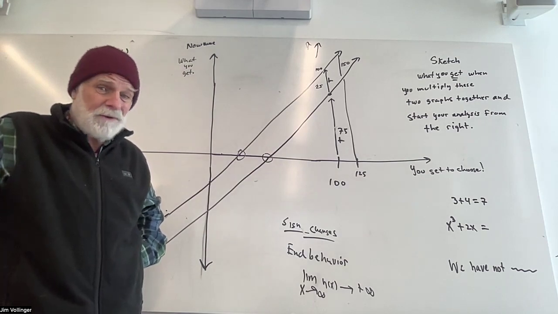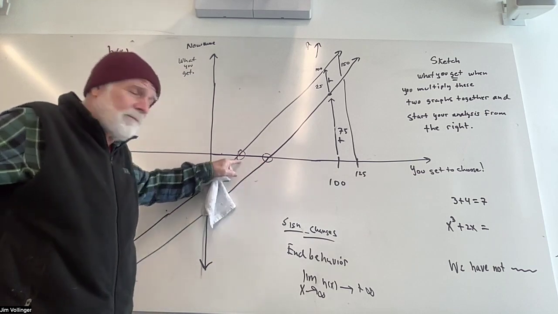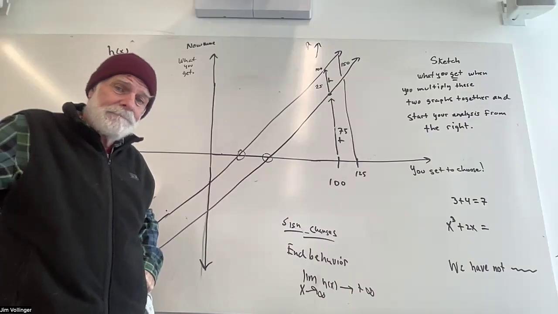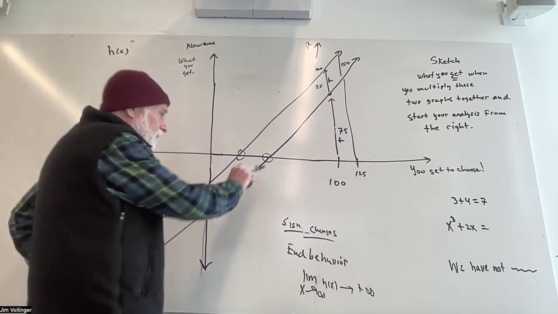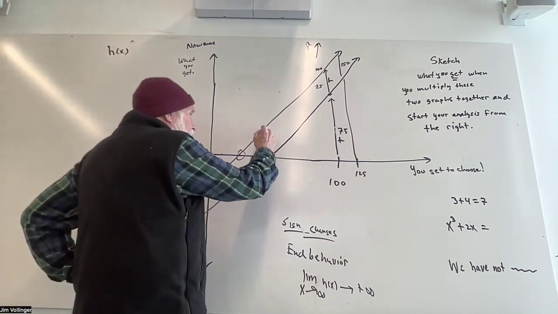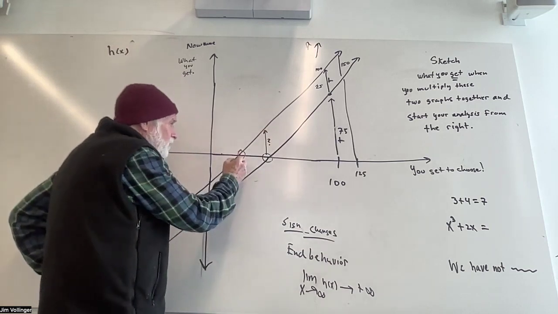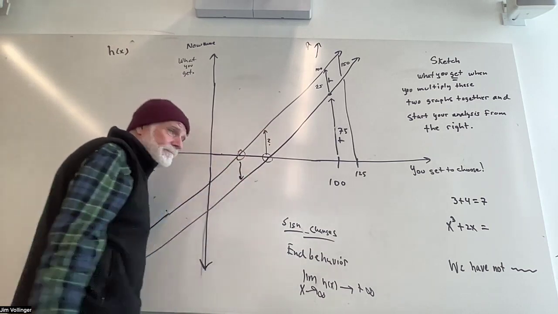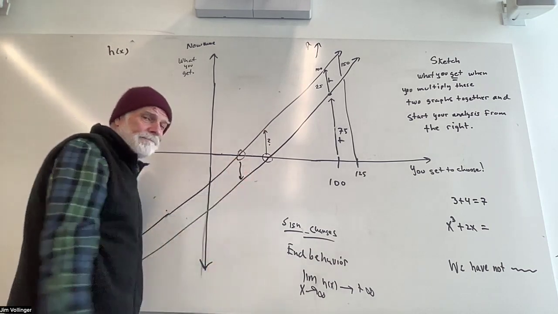I know what you're going to get when you put it in, right? When you put that number into the function and that number into that function, I know what you're going to get. You're going to get 0. This line is 0. Does it matter what that height is? This line has a 0. Does it matter what this height is? No.